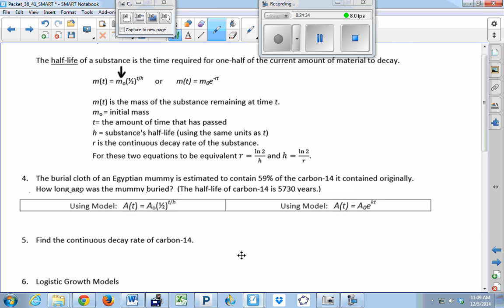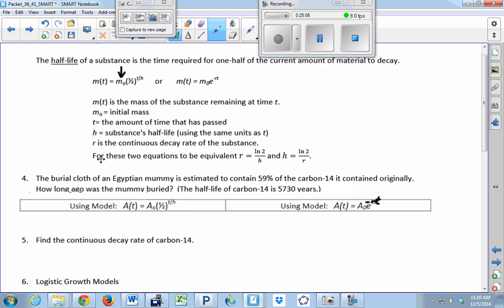So let's see if we can use this model right here to figure out how old the mummy is. Now, why am I choosing this model versus the model with E as a base? If you're on a test, why would you use this one? Yeah, because you know the half-life. So why get involved with calculating R?